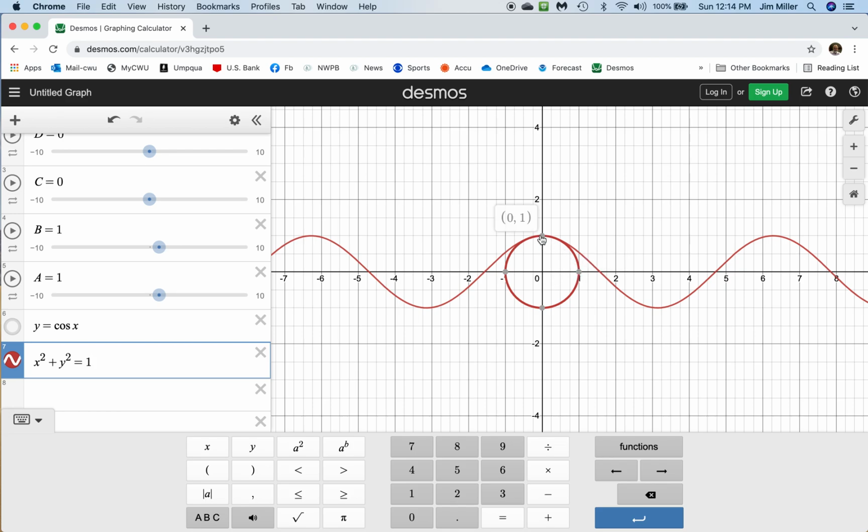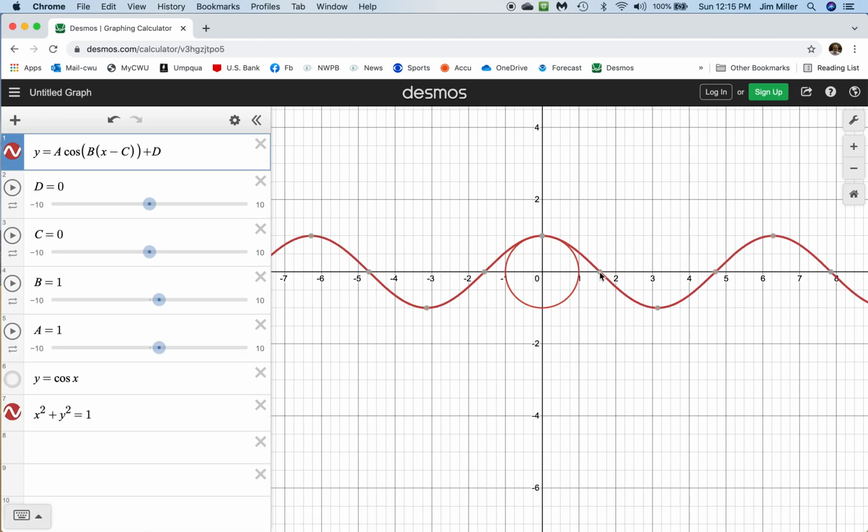As we go to pi over 2, the value of the cosine is 0. So you can see if I laid this circumference out here, it gets to here, and the cosine value is now 0 here. If I go to here, the cosine value is -1, and so that's what it's saying here.